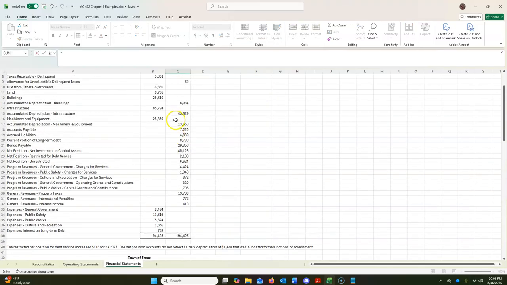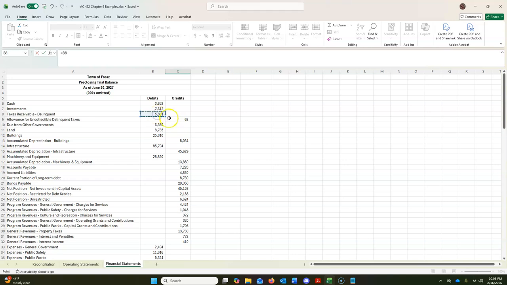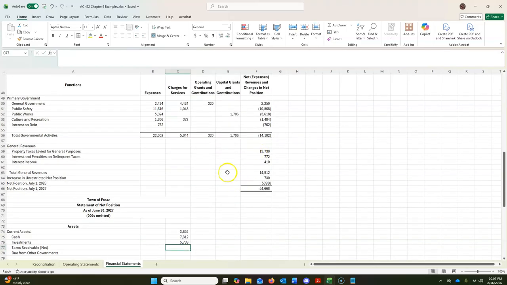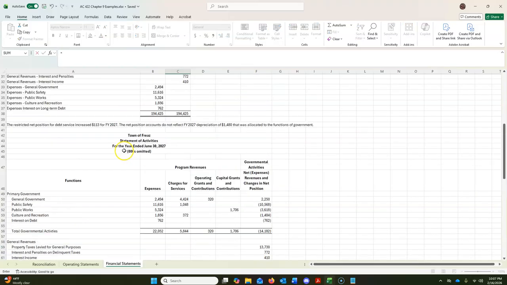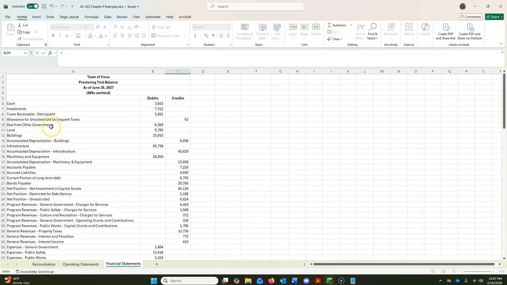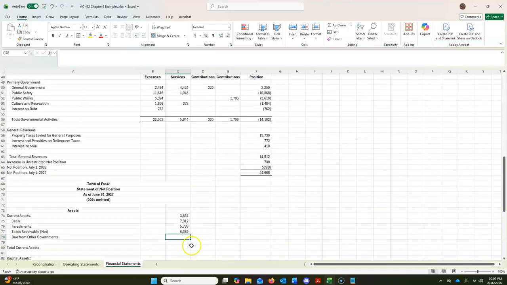So I want to make sure that I remove that allowance for doubtful accounts. So I have the net amount because that means net of allowance for doubtful accounts. And then due from other governments. So I have this 6,369. Okay, I'm going to add together what are my current assets.